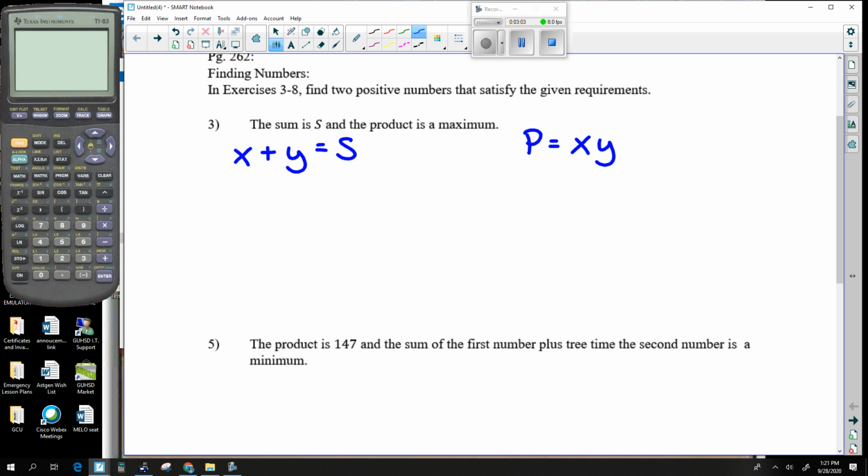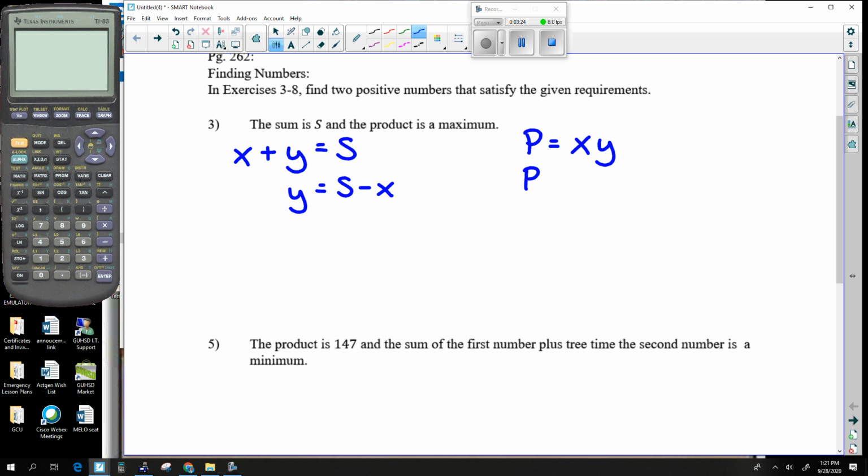All right, so what I'm going to do with this first equation, the sum, is eliminate one of the variables. I'm going to write y in terms of x, so y is s minus x. Then I'm going to substitute that into the second equation.